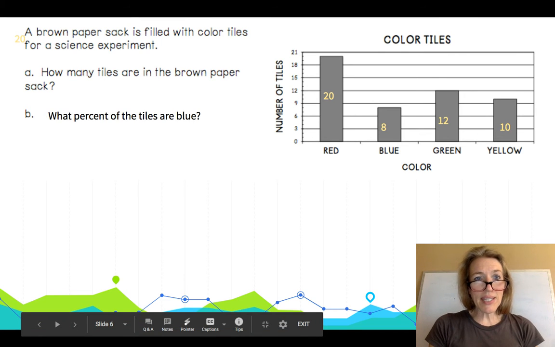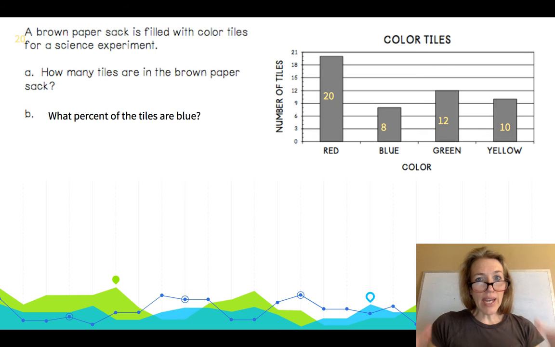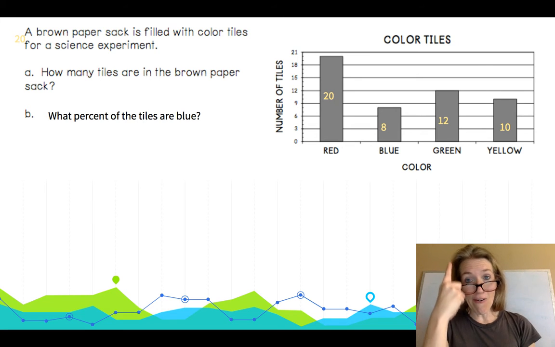Okay, so here's example number 1. We've got a brown paper sack, and it's filled with all different colors of tiles. And so there is a bar graph that represents the colors of tiles up above me here.